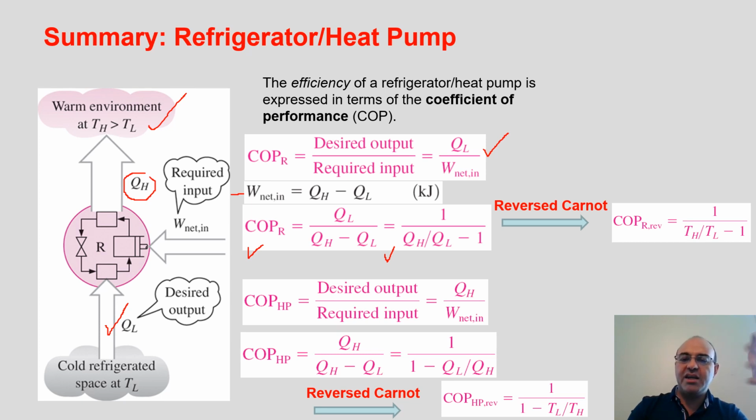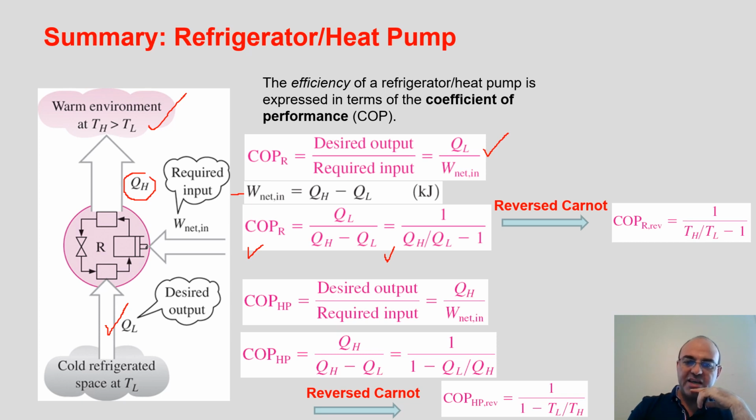This is for any actual refrigerator. Now, if we assume that the refrigerator works on a Carnot cycle, where all of the processes are reversible, then the COP will be simplified to this form. We just replace QH over QL by TH over TL.